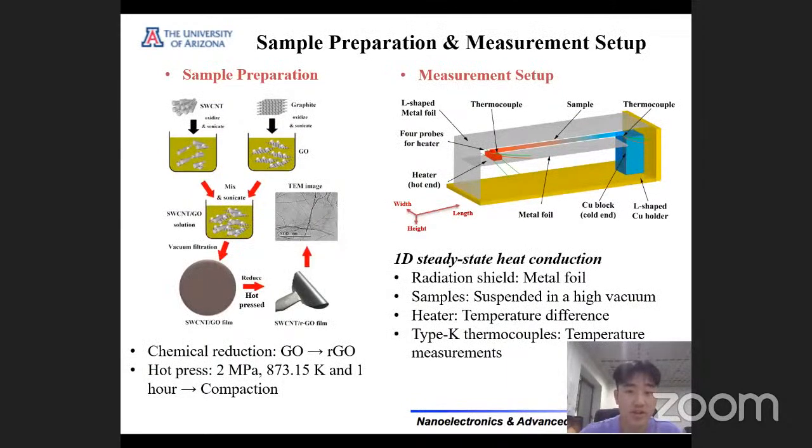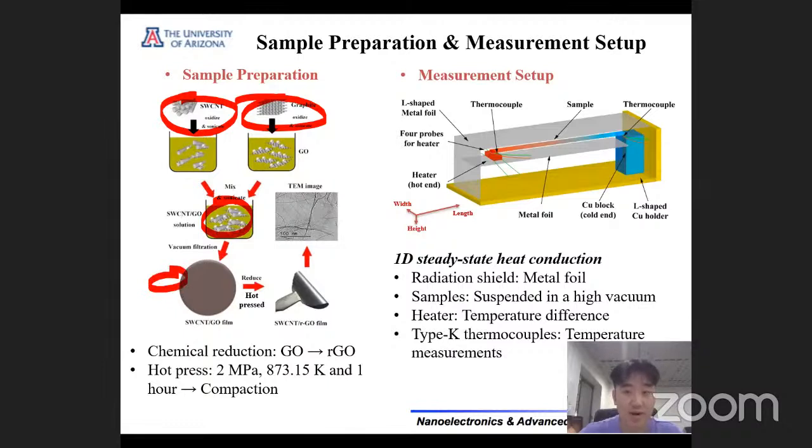In sample preparation, first we mixed the single-wall carbon nanotubes with the graphene oxide solutions to make the films. Second, CNT-GO composite films are reduced chemically. Third, CNT-RGO composite films are hot pressed for compaction.